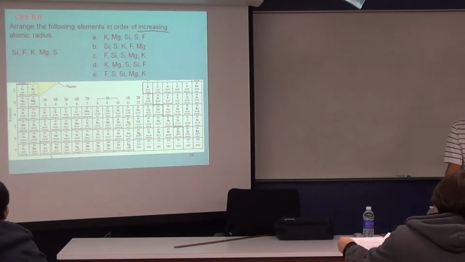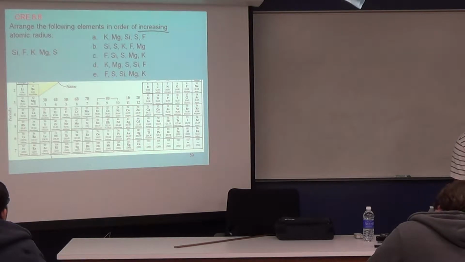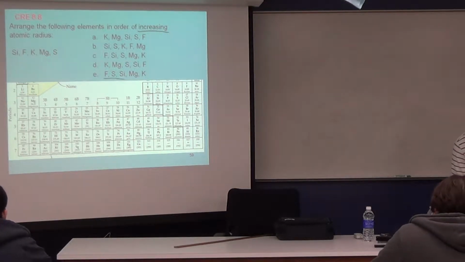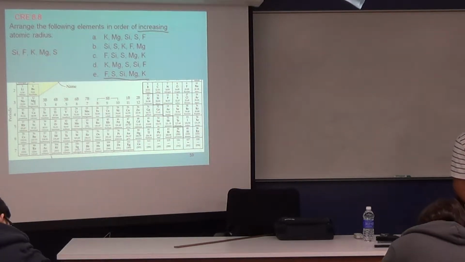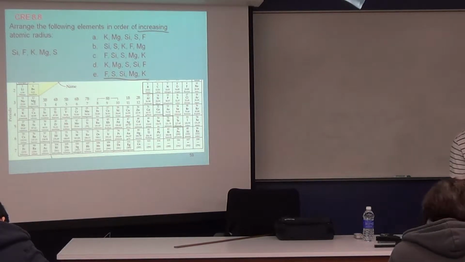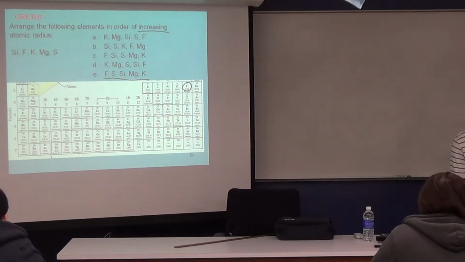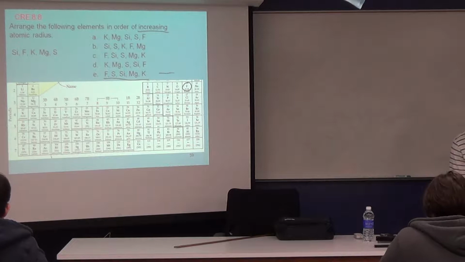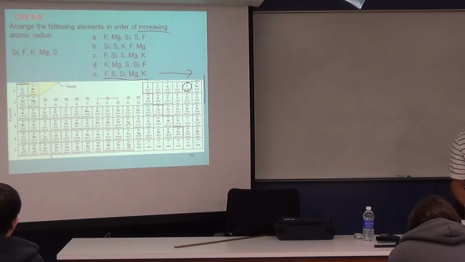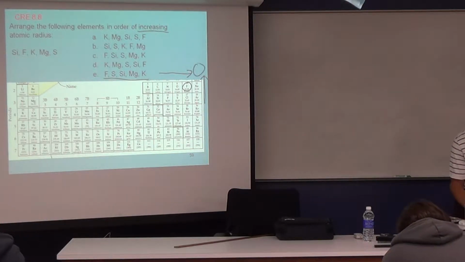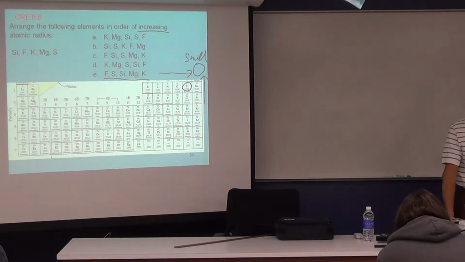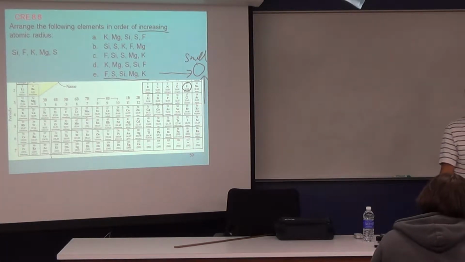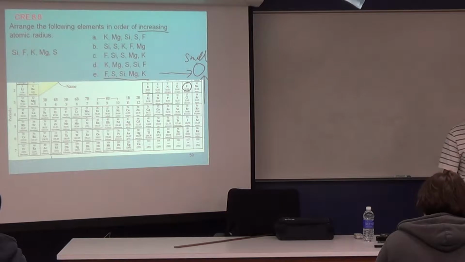You said E. Let's see. We have these few items, and fluorine obviously is in this corner. Going this way it gets smaller, and going this way it gets smaller, so this upper right corner is our smaller radius corner.